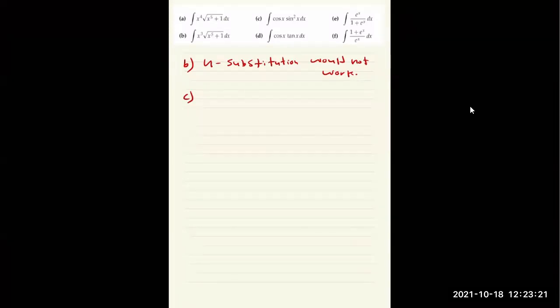In part C, clearly u substitution will work. This is the square function, inside that you have sine x. If you take u is equal to sine x, the derivative of sine x is cosine x. That is sitting right next to that expression. So in this case, u substitution will work. You may use u is equal to sine x.